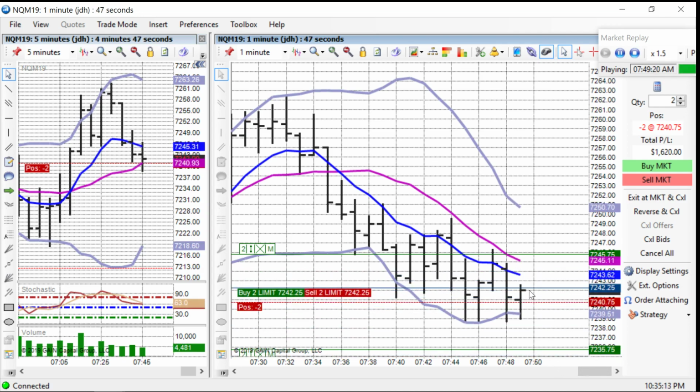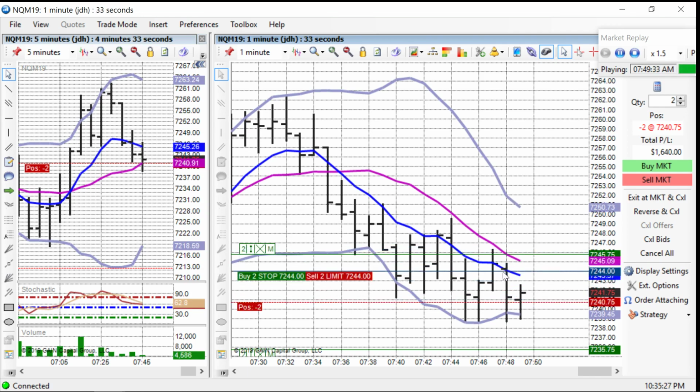Again, my timing was too early. Can't go wrong by sticking to trading on that ADMA line, even though that might have been a trend reversal.